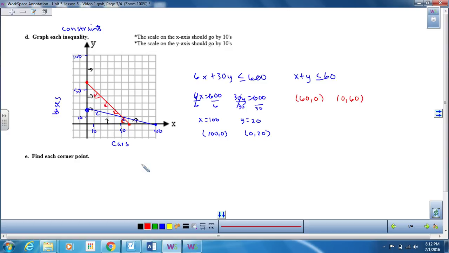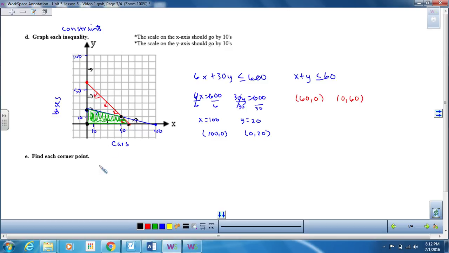Okay. So I'm looking for all the overlapping. The whole overlapping is this region here. Okay, so it's important to note to see the region. All right, so this has 4 corners. It has 4 points. I have here, here, here, and here.